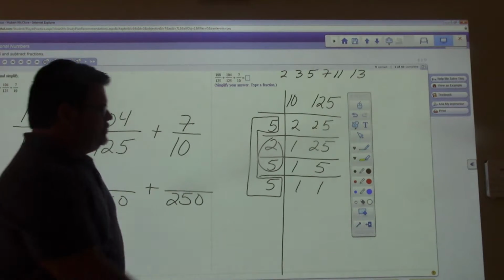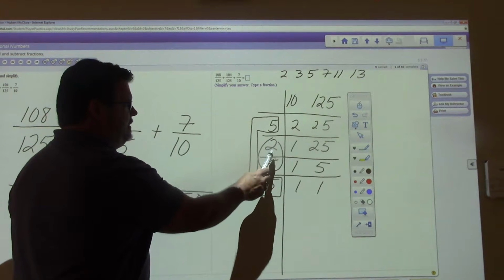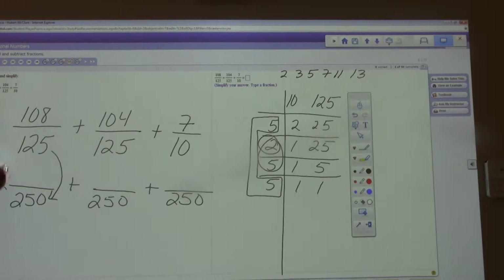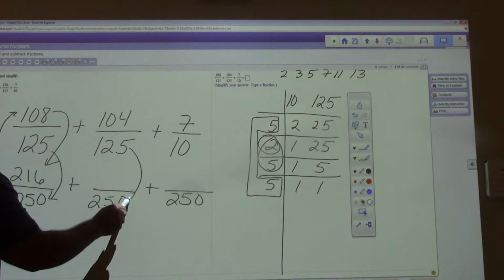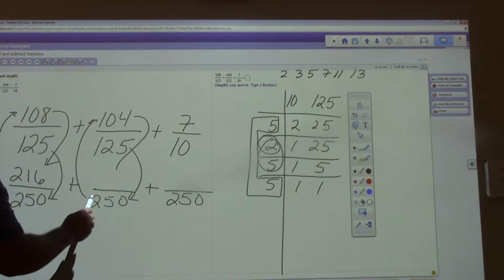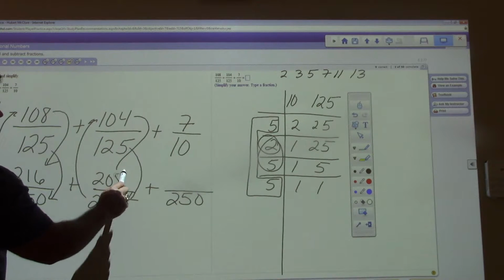Well, 125 is 3 fives. How many times? 2 times. 2 times 108 is 216. How many times will 125 go into 250? 2 times. 2 times 104 is 208.